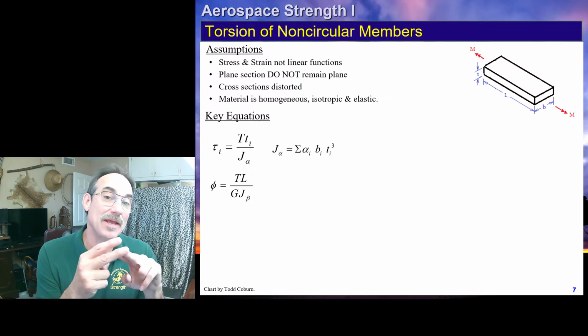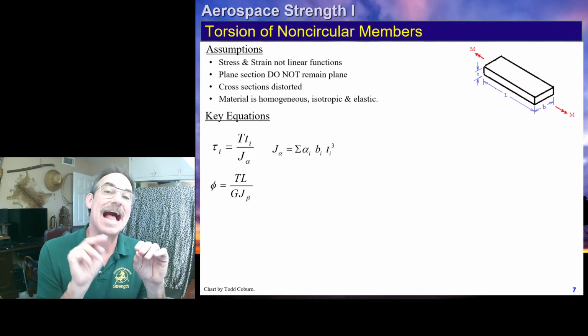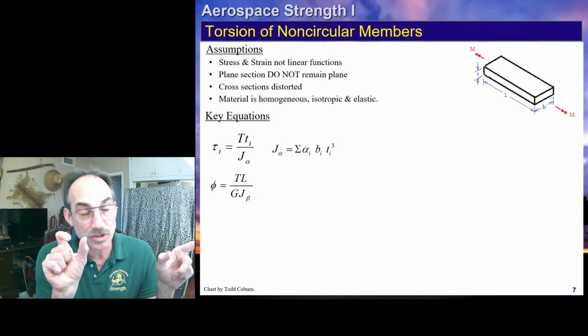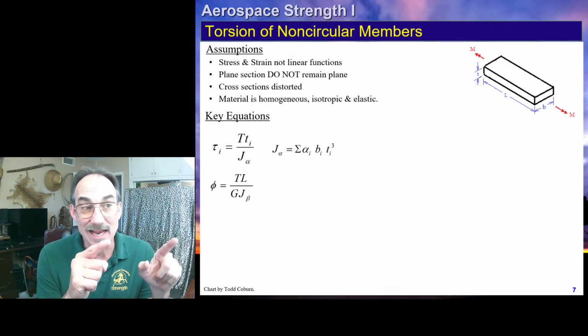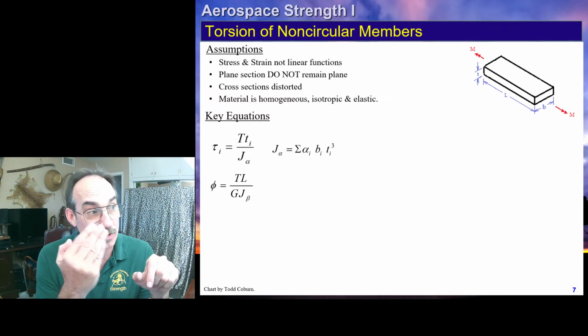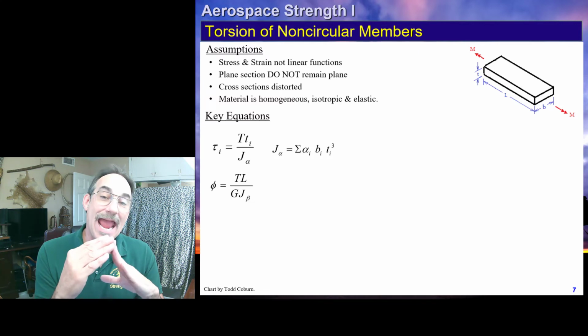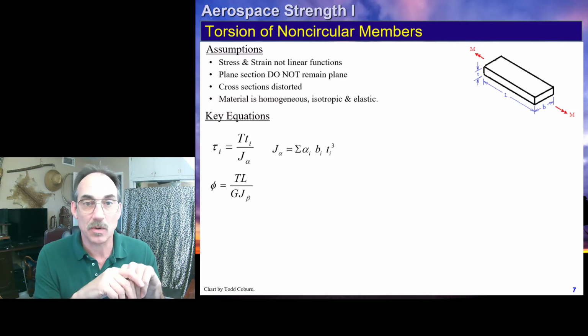We calculate the b over t ratio and the alpha for that flange. We then take the alpha b t cubed, and that's how much contribution that flange makes towards the total J of the section. In our example here, we only have a single flange, so there's only one term. If we have an angle, we're going to have 2 terms. If we have a Z, we're going to have 3 terms, and so on.